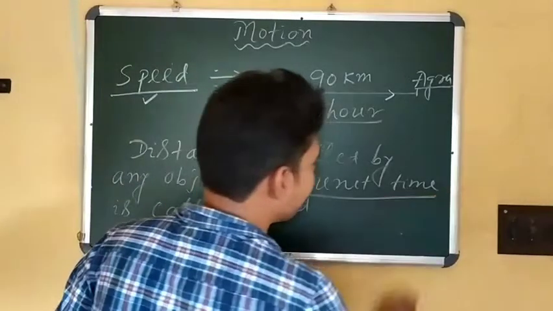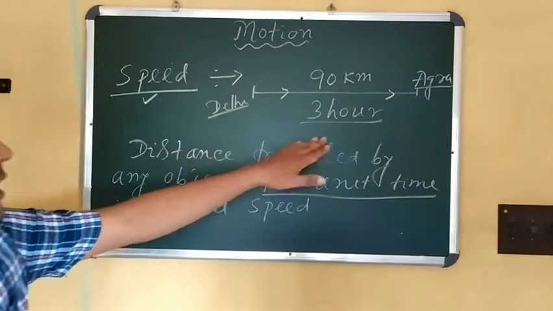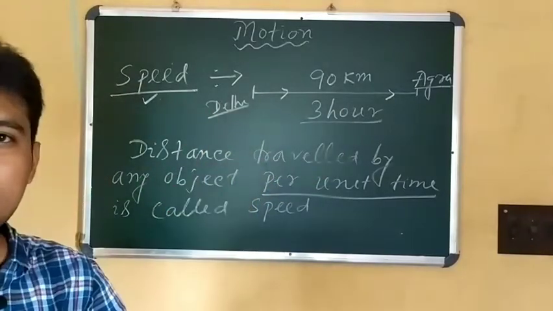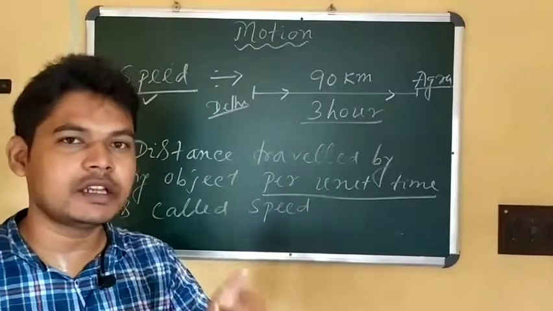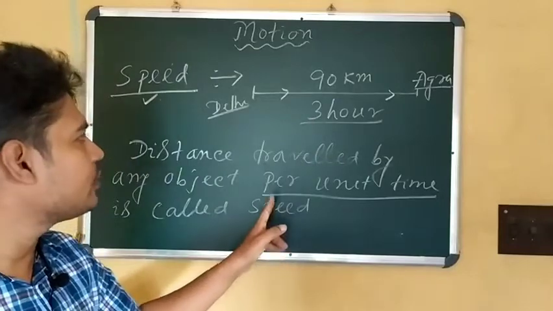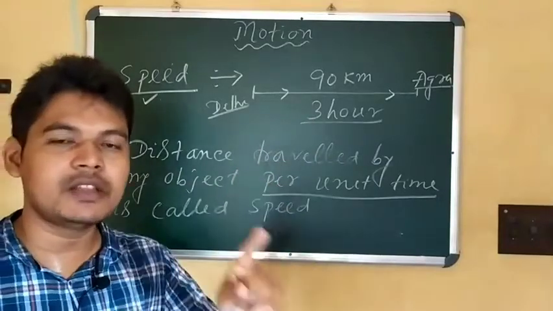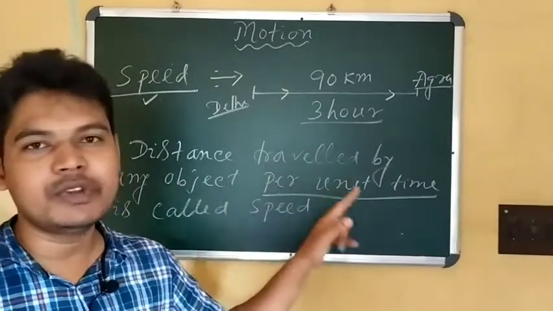Now per unit time means, if you represent it in hours, you have to find it in 1 hour. If you find this in minutes, then you have to find it in 1 minute. If you want to find the speed in seconds, then you have to find it in 1 second. That is called per unit time.